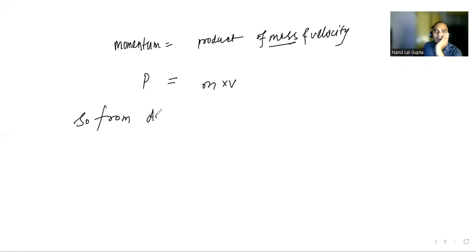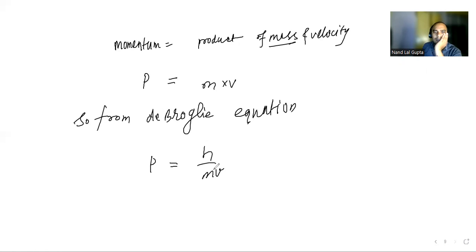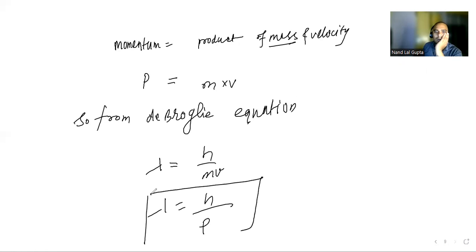Lambda is equal to h by mv. In place of mv, we can write P. So lambda is equal to h by P, where P is momentum. That is the physics term. P is momentum.